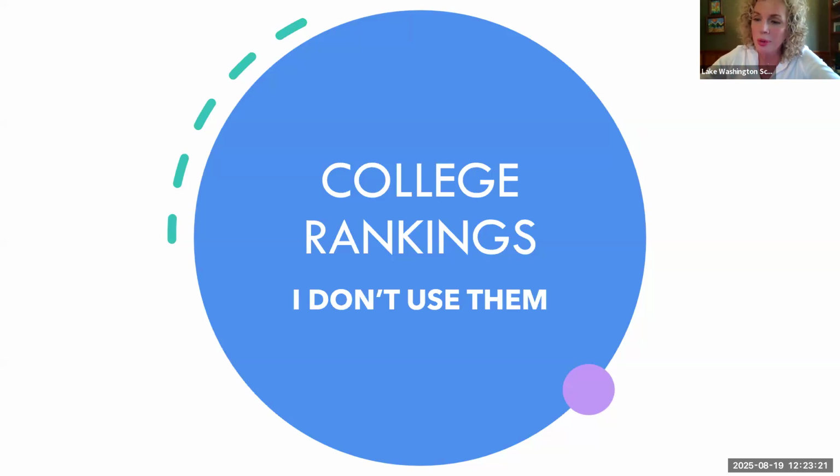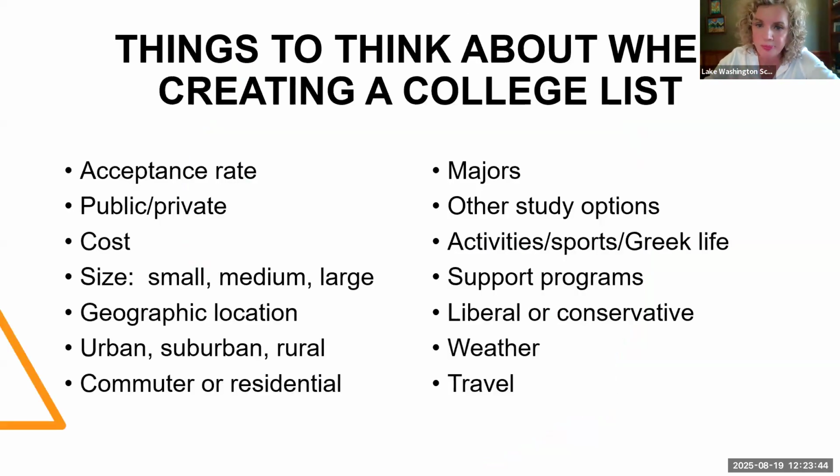And then also, the biggest reason has to do with the fact that we are all individuals and we all respond and like different things. And a college ranking cannot take into account what I like, what you like, how I respond to things, what type of environment I'm going to thrive in, or things like that. So just know I do not use rankings at all.